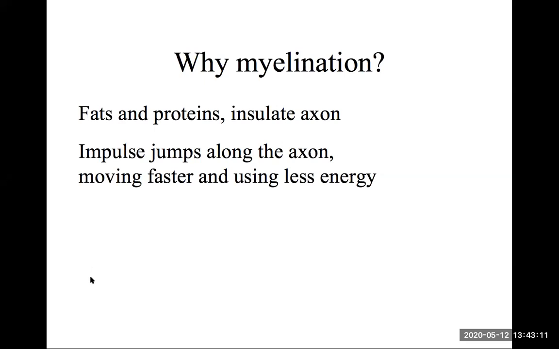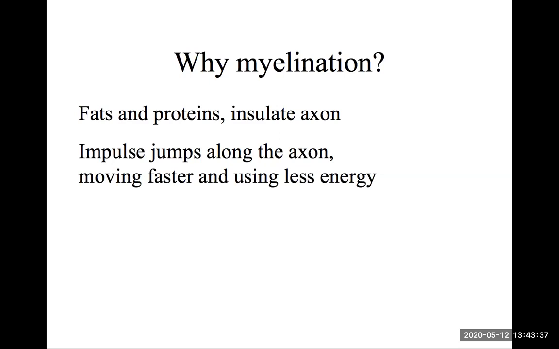So an action potential will jump from one exposed area to the next exposed area instead of passing down the length of the axon. So the upshot, what you really need to know, is that the action potential travels faster, okay? And it uses less energy. Less ATP is necessary to reset that axon.